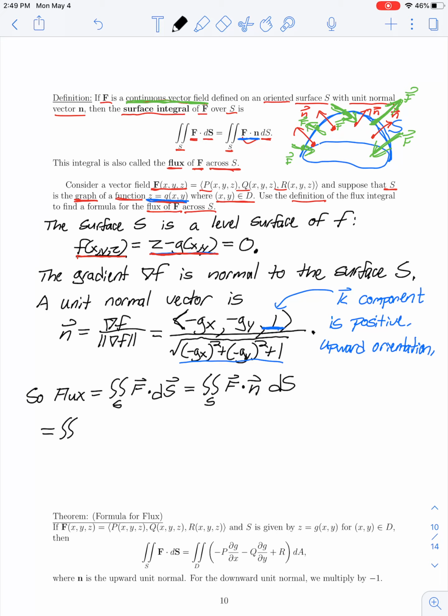So we will have the surface integral over S, and we're taking the dot product of F with our unit normal. Recall that F was the vector field whose component functions were P, Q, and R. And our unit normal vector is this vector n, whose components were negative g sub x over this square root term, negative g sub y divided by this square root term, and then 1 over that square root term. So taking the dot product, let's see what we have.